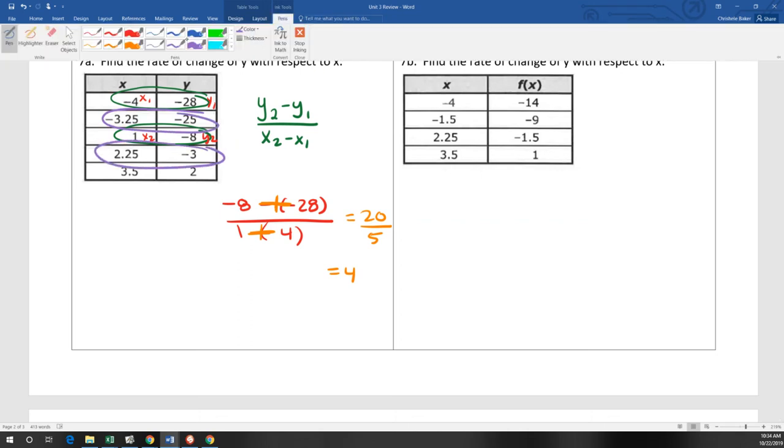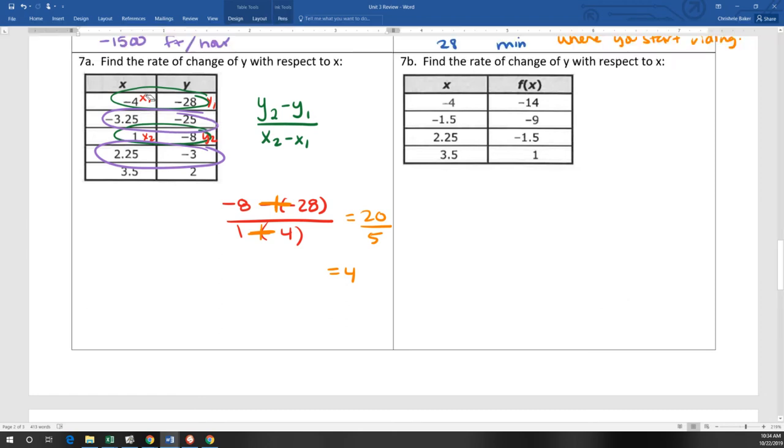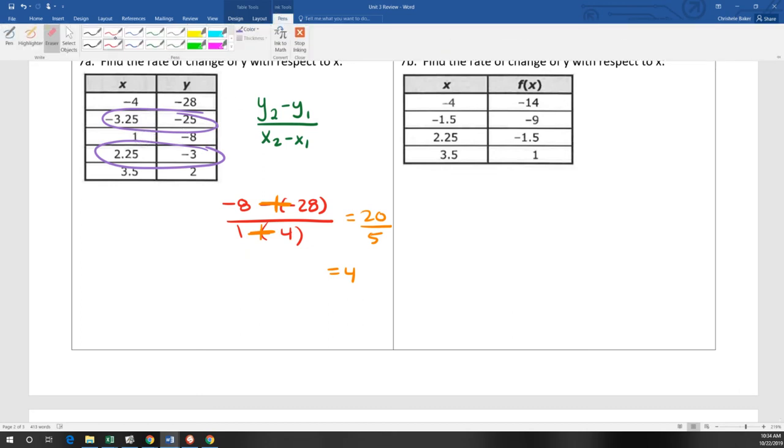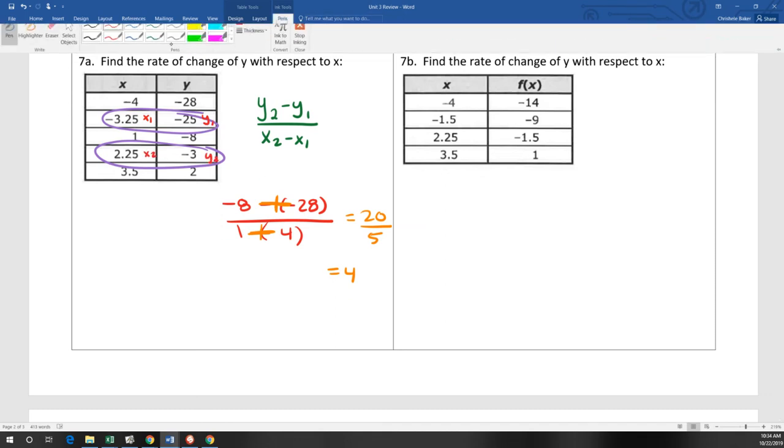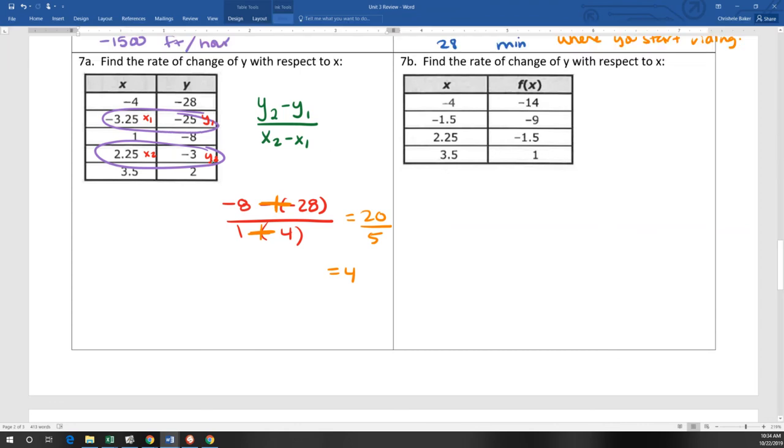So let me erase this stuff so we can see. All right, let's call this x1, y1, and this is x2, y2. Okay, same formula. So if I have y2 minus y1, and then x2 minus x1.